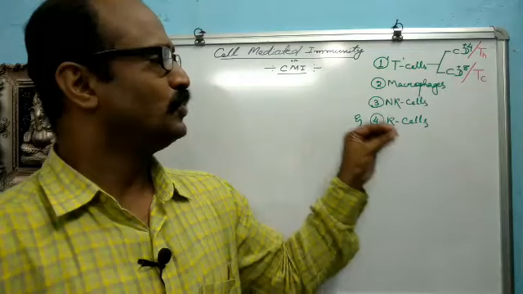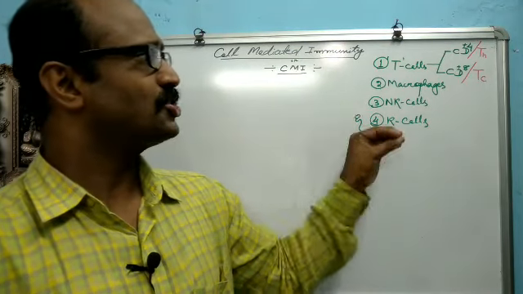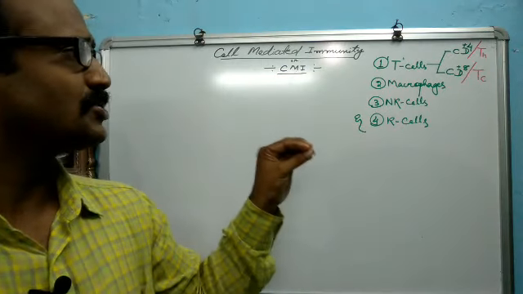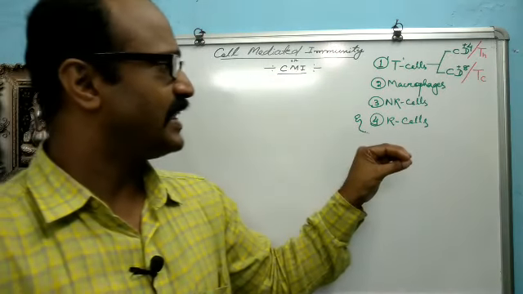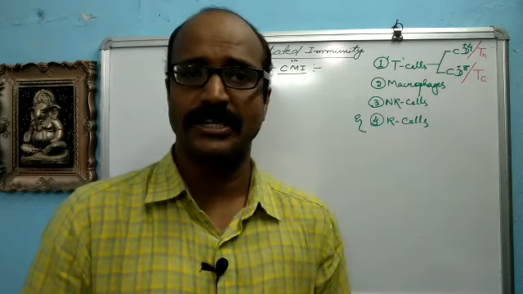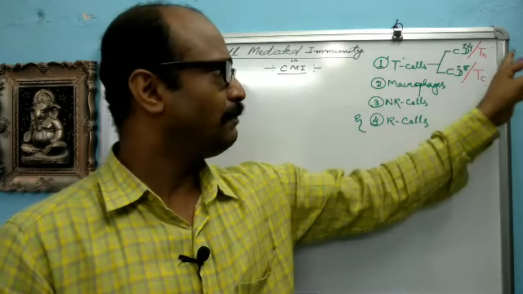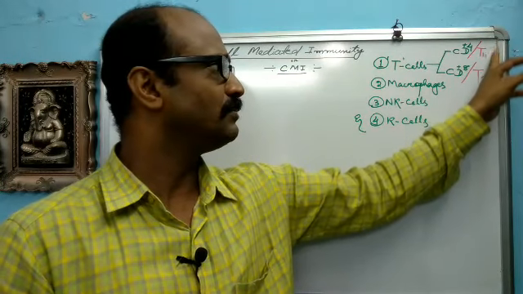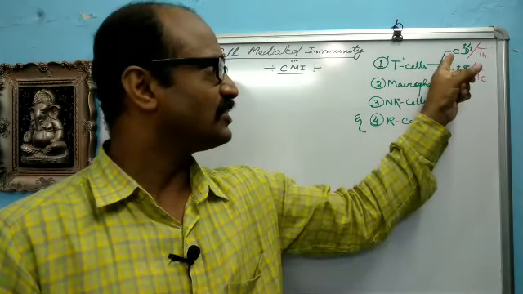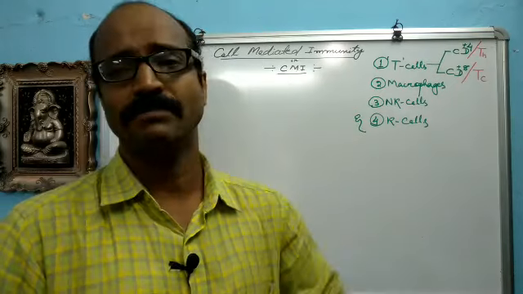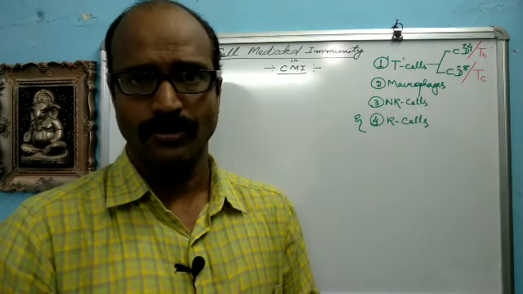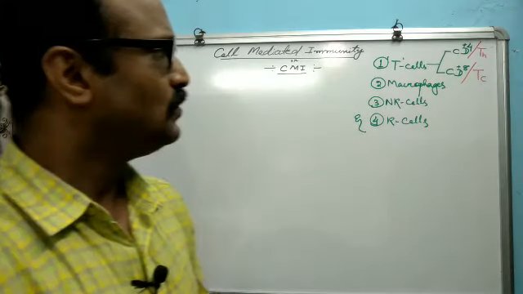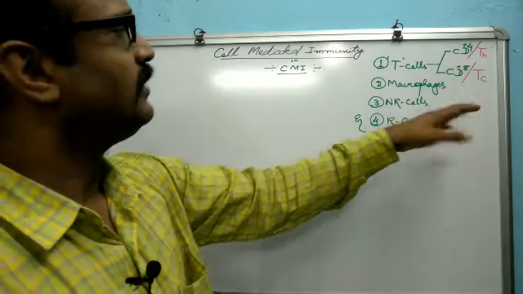Helper cells and cytotoxic cells are differentiated on the basis of their functions, and CD4 and CD8 are differentiated on the basis of their molecular weight or chemical nature.